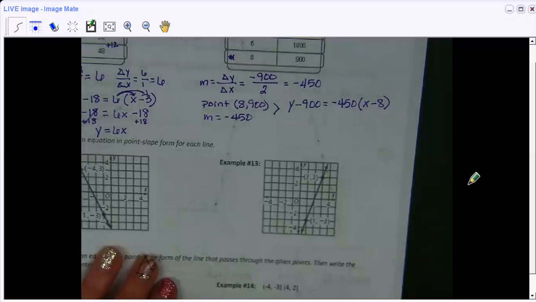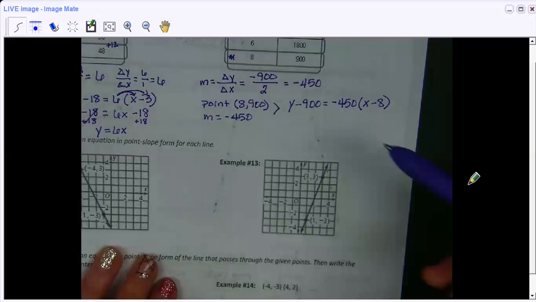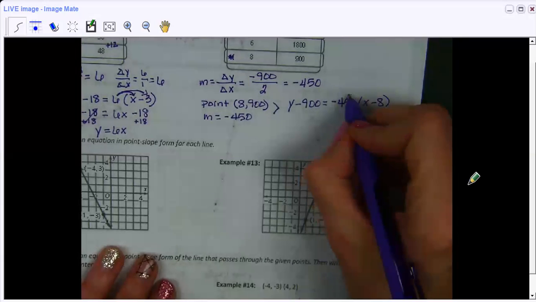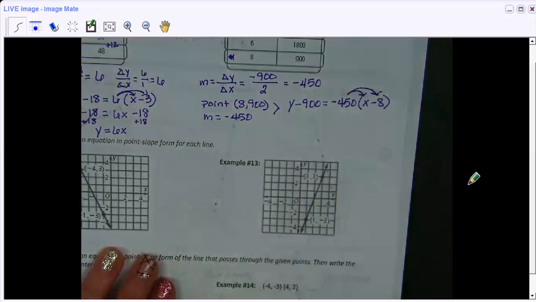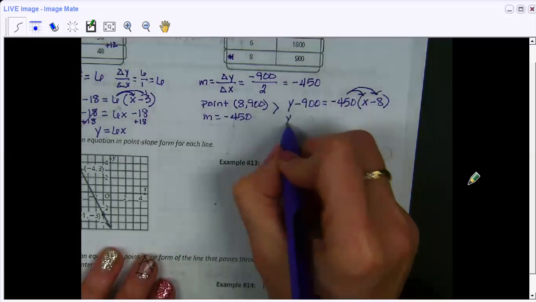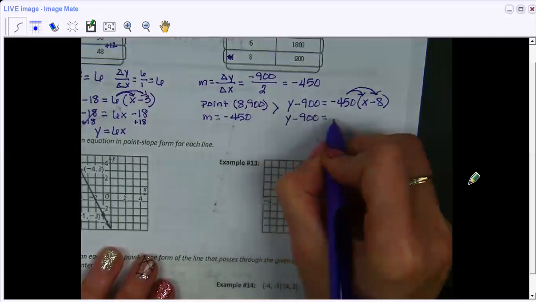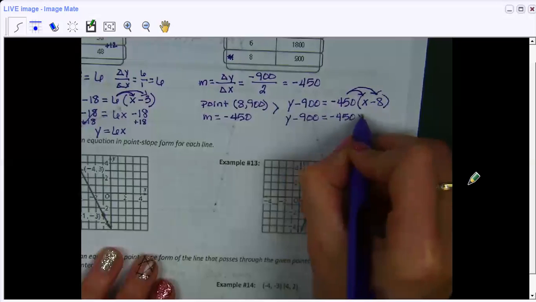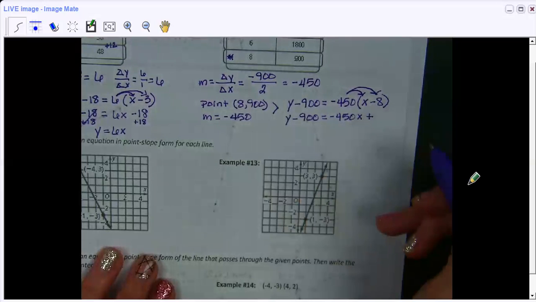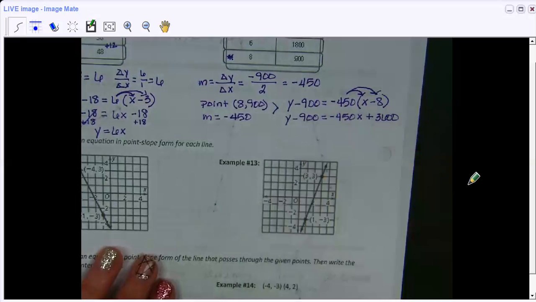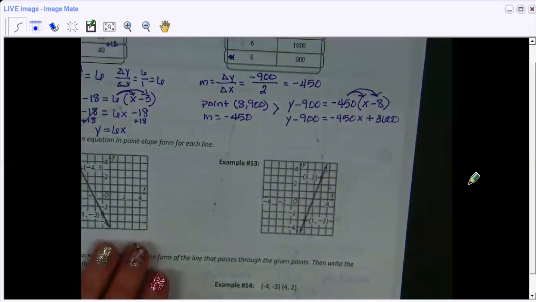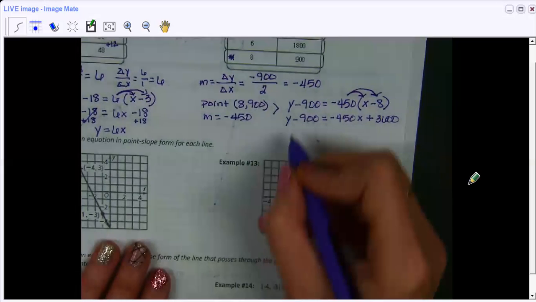Then you're going to simplify this point-slope equation into slope-intercept. The first thing you'll do to get that done is distribute your negative 450 to both your x and your 8. So y equals negative 9... and then you're going to add your 900.